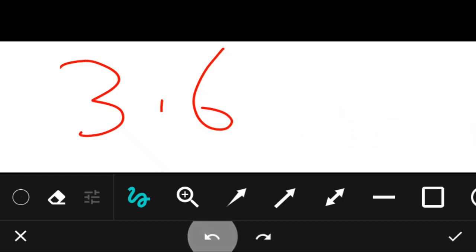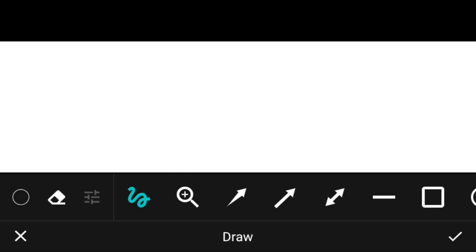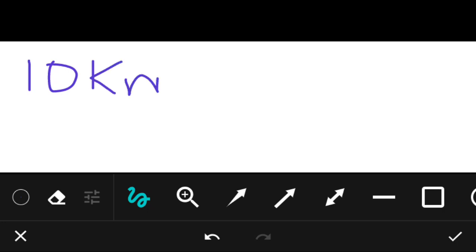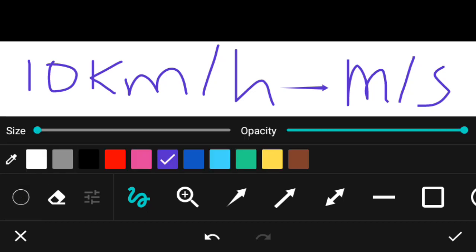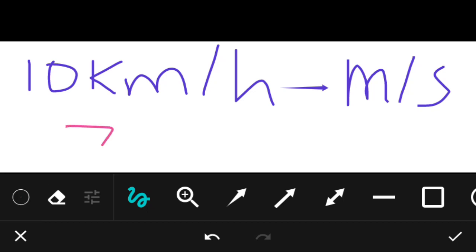So now let's try some example. We are going to use that same number, 10 kilometers per hour. We want to change that one to meter per second. So now let's try to divide 10 by 3.6.